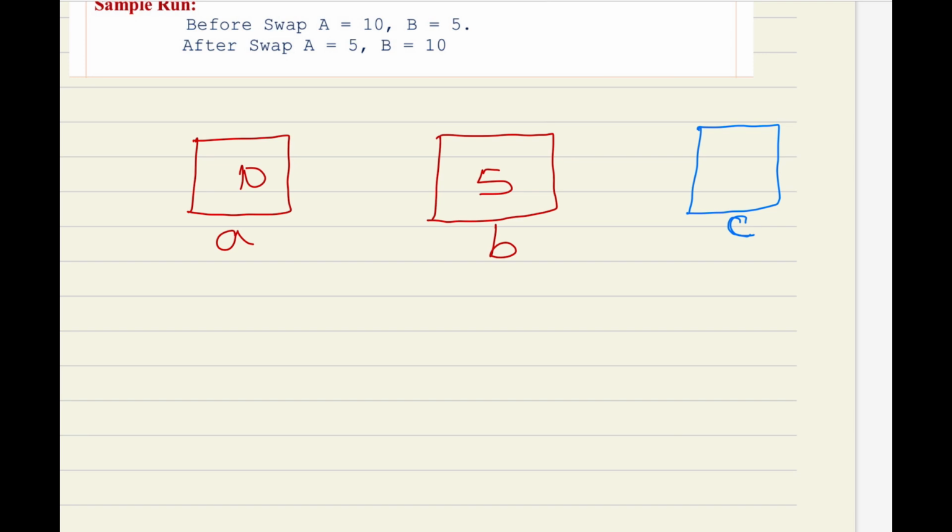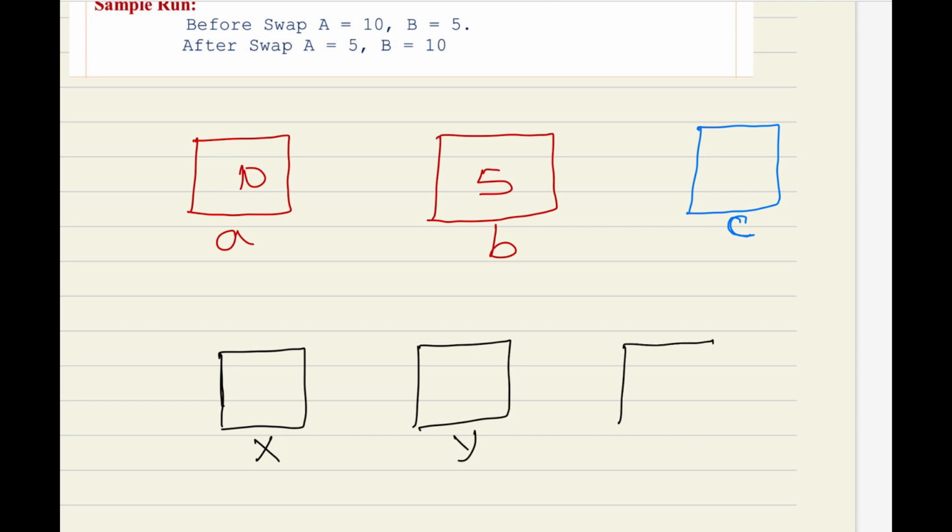Consider a real life scenario similar to this. Assume we have two boxes, and another box. In place of x, y, z, assume the names of the boxes are capital A, capital B, capital C for simplicity.